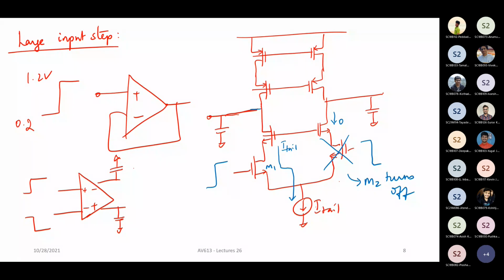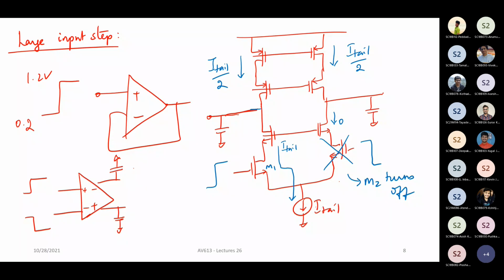But how is your top side? Your top side is a current source, correct? So if it is a current source, how much current is actually flowing through both of them? I tail divided by 2. This is also I tail divided by 2, because your top side is not affected. Your top side transistors are in saturation.